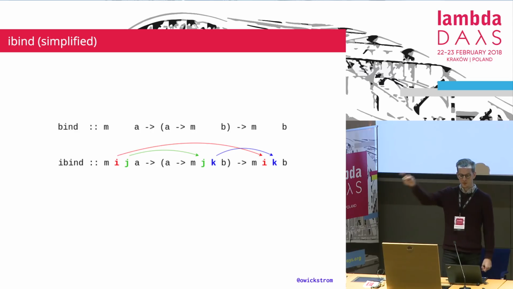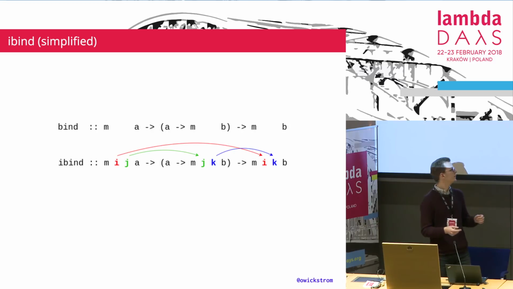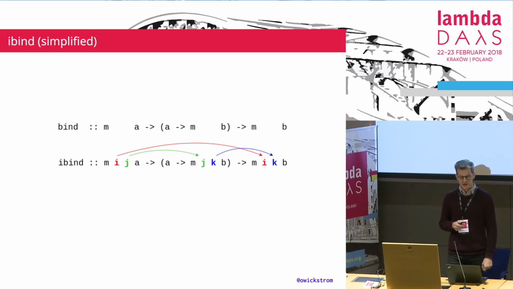That's the red arrow going all the way over, and the I's being matched. The output of the second monadic computation, the one that's bound, that's the output type of the resulting monadic computation. That's the blue arrow there, K to K. And then the J is the intermediate index, and that's the green arrow.